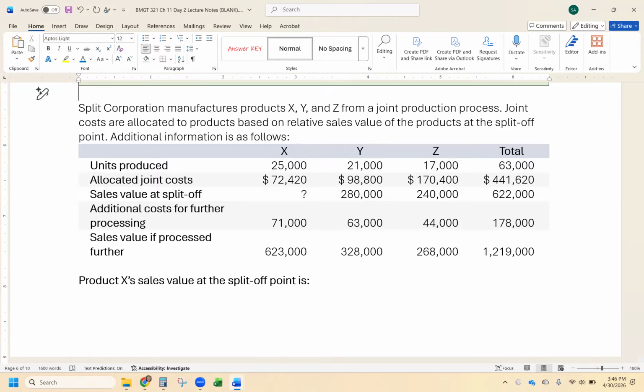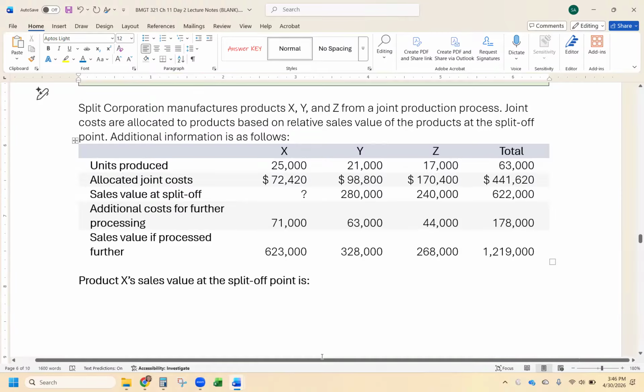We would have had to evaluate the sales value at split off point, calculate the percentages, and then allocate the joint costs to each product based on their relative sales values. That's what we would have done in chapter 6. And that's why it's asking us for the sales value of the split off point.